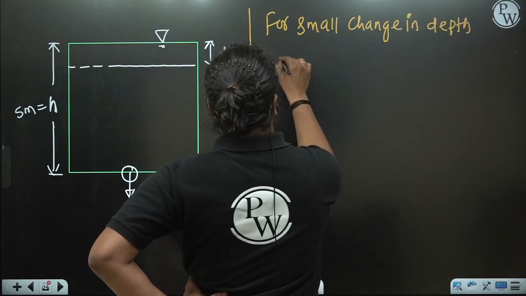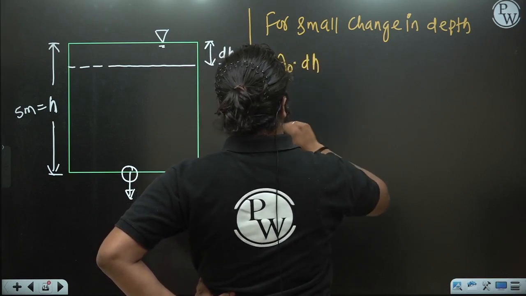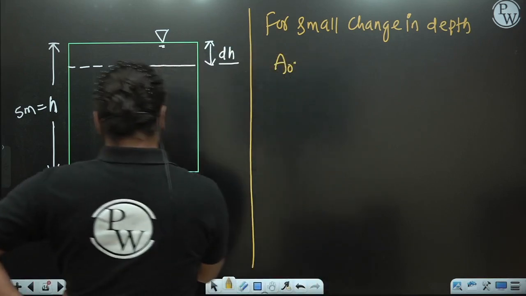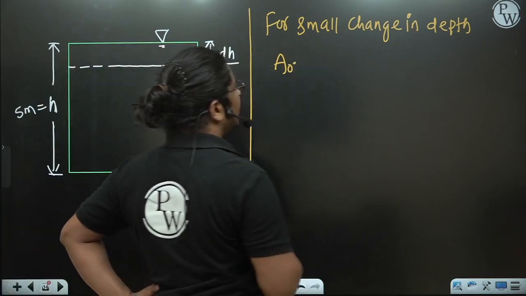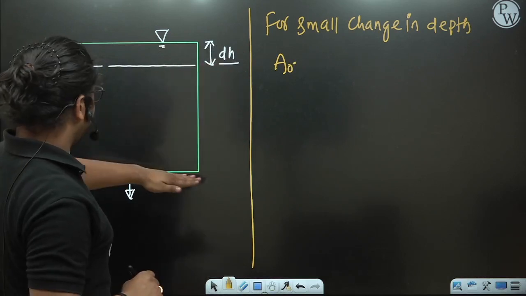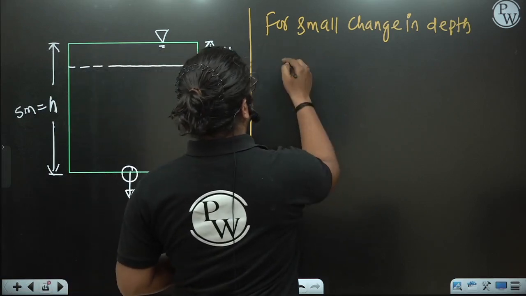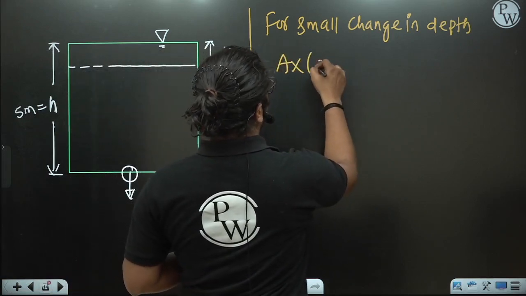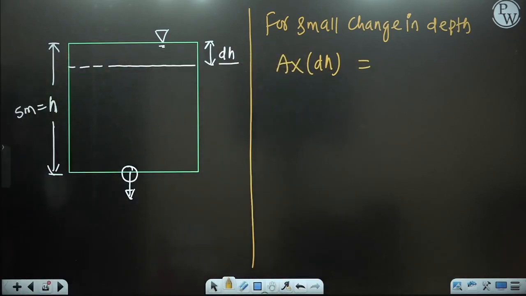So it will be A naught into velocity here actually. The total volume of water which is going out, with A as the area of the tank, I can write as A into dH. This is the total volume which comes out.